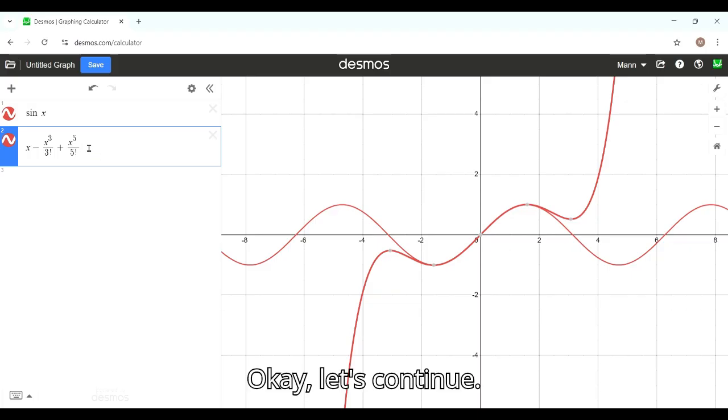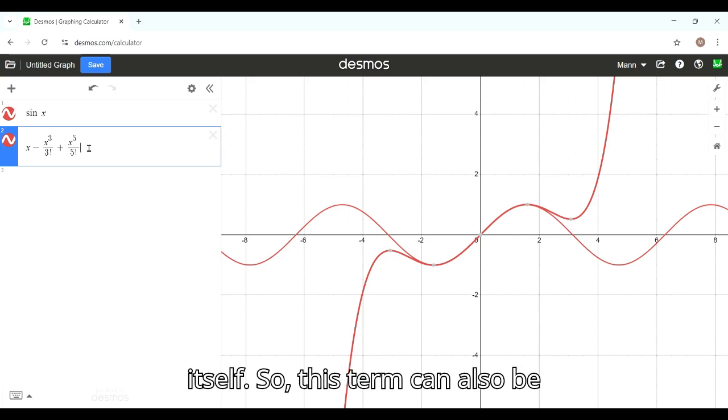Okay, let's continue. So, the sixth derivative of sin x is again minus sin x, and at x equals 0, minus sin of 0 becomes 0 itself, so this term can also be ignored.